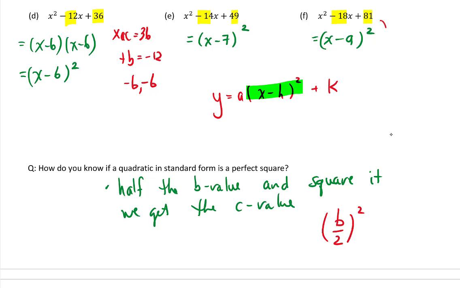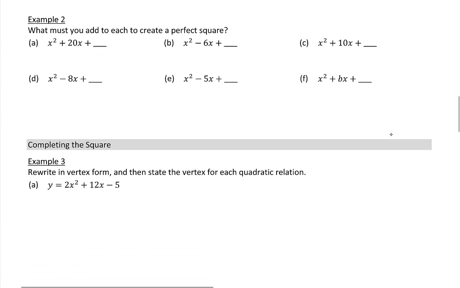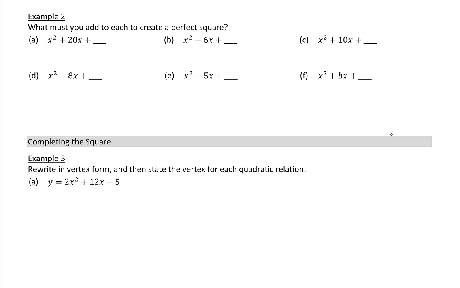So let's take our example here. We take negative 18 divided by 2 and square it, we will get 81. And if that is true, we have a perfect square. So using that, could you tell me what are all the c values for these quadratics to create a perfect square?